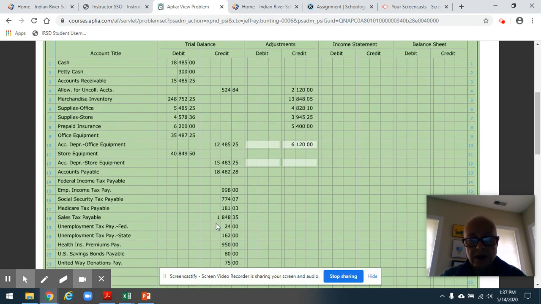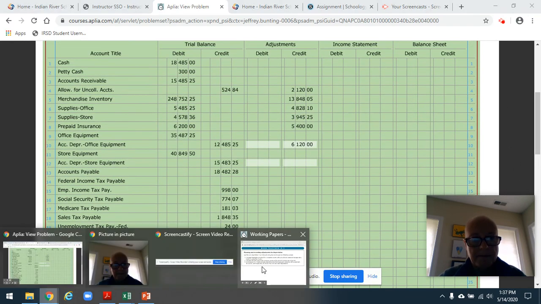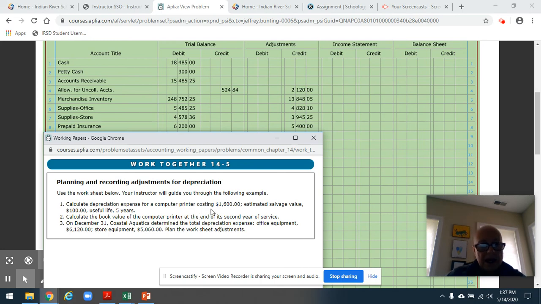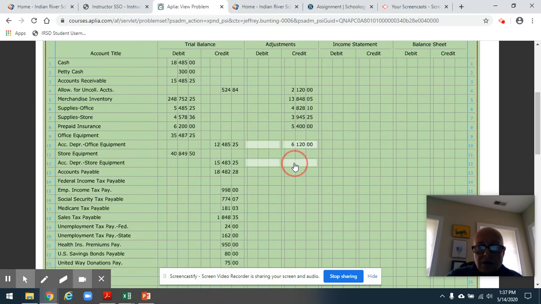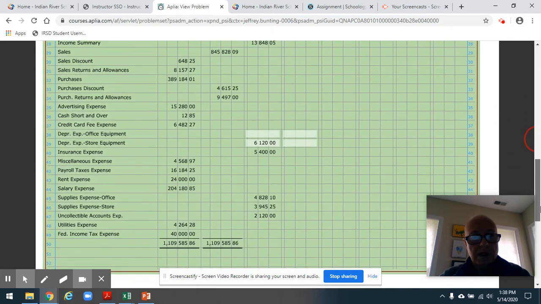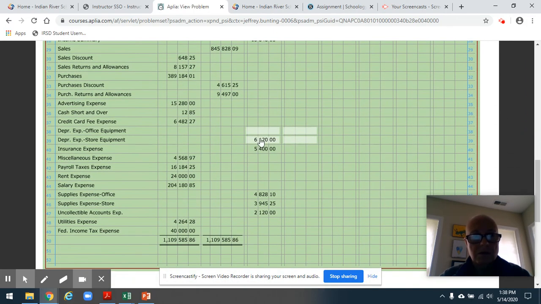So that's halfway done. Let's go back. All right. And then store equipment is 5,060. So then what we do is we enter 5,060 here. And then we go find our store equipment down here. Whoops. Boy, I did it backwards, didn't I?